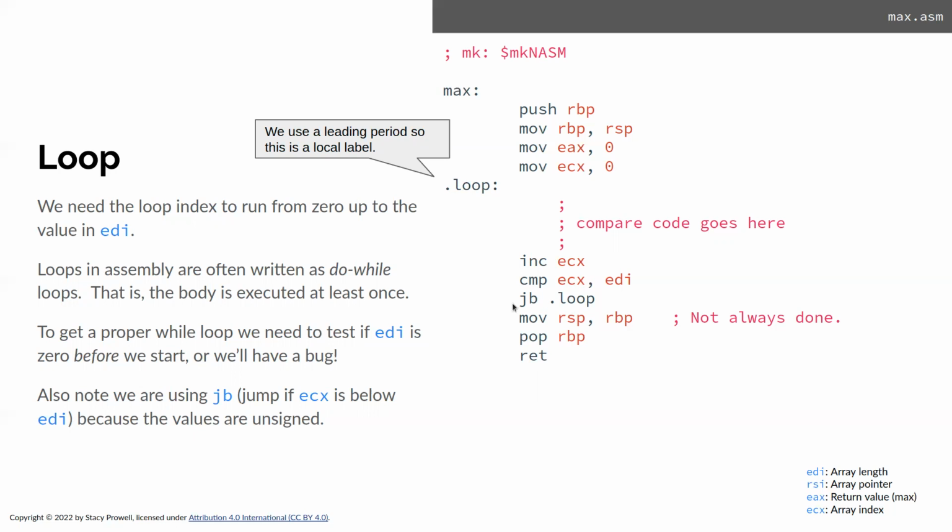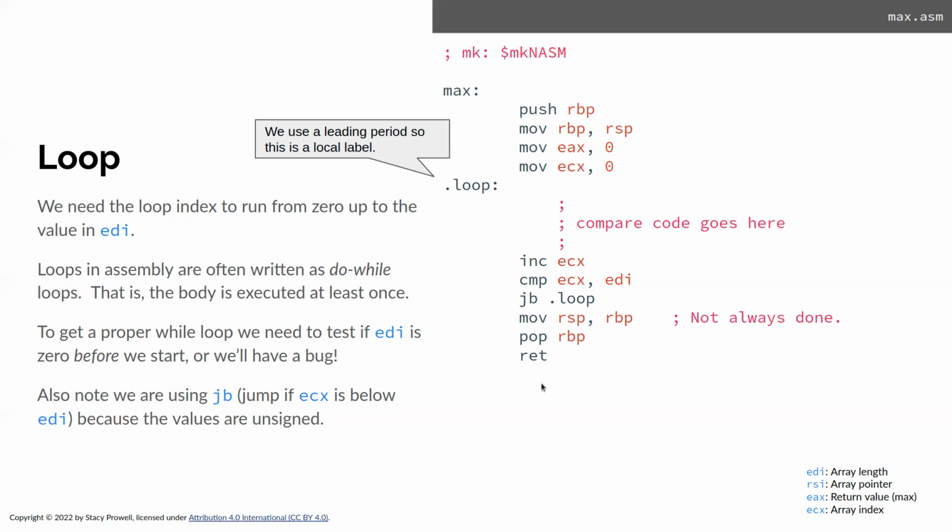And I use jump below because the jump above and jump below are used for unsigned comparisons. Jump greater than and jump less than are used for signed comparisons. These are unsigned ints. So I'm going to jump if ECX is below the number of things in the array back up to the top of the loop and go through it again. There we go. That's my loop.